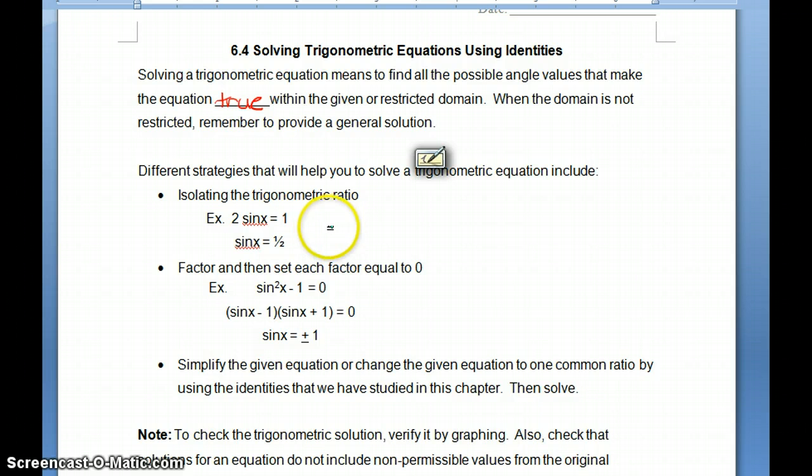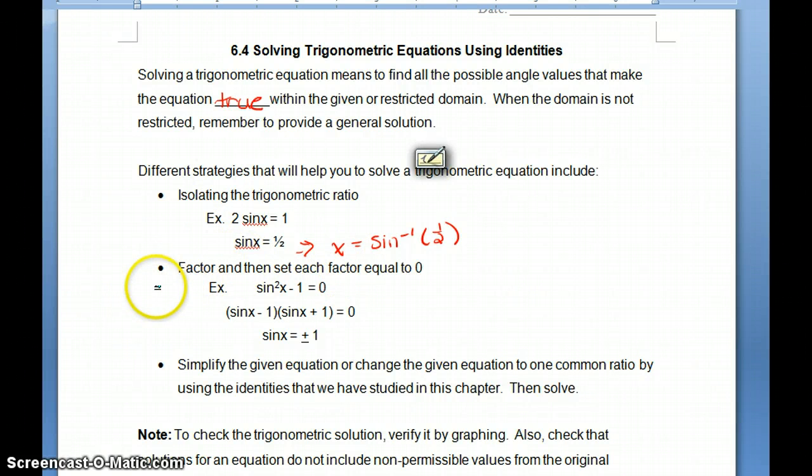Then from there you could solve to find x and either use your unit circle, or you'd have x is equal to sine inverse of 1/2, and you'd find that first value about when sine of x is equal to 1/2. So both methods would give you the right answer. You should already know that. You worked through that through multiple chapters, so hopefully that should work for this first strategy.